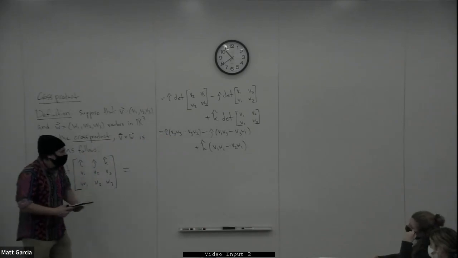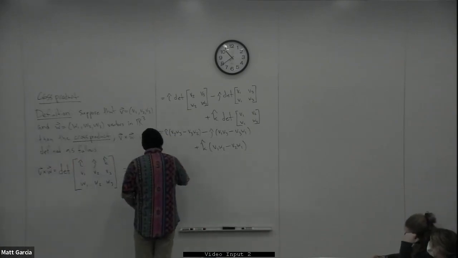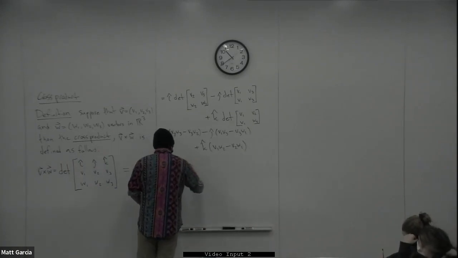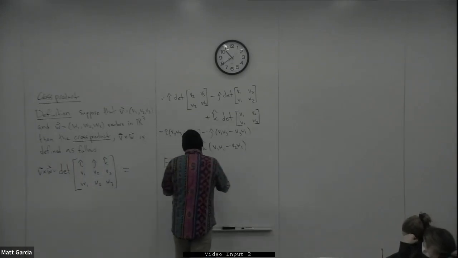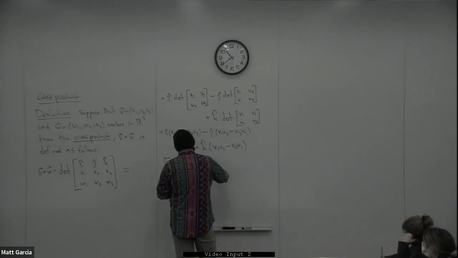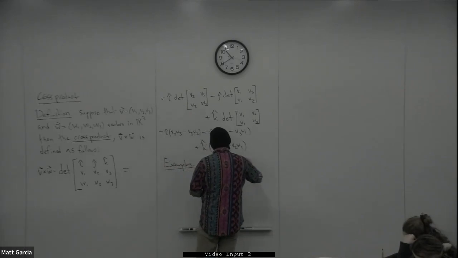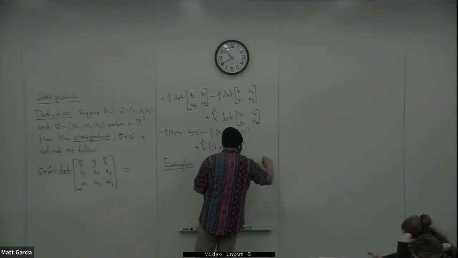Okay, so let's do some examples. Let us show that i hat cross j hat is equal to k hat.